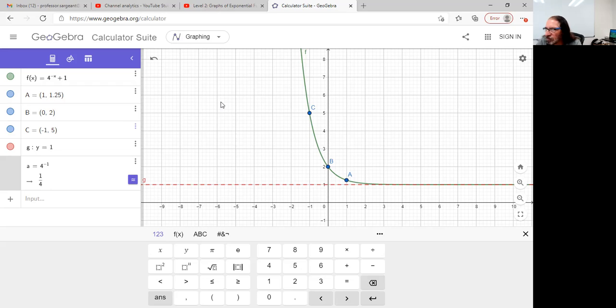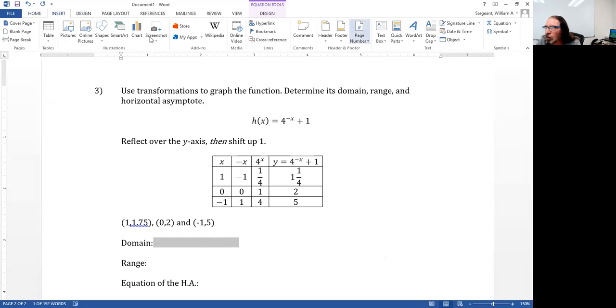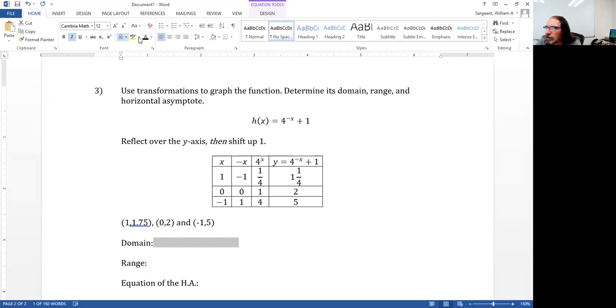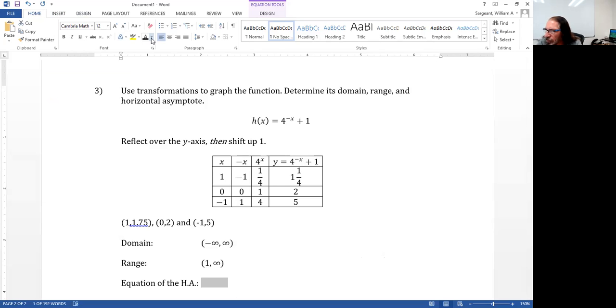Instead of starting at 0 but not including it and then going up to infinity, this is going to instead leave out y equals 1, and then for the range, give us everything above it. Leave out 1 because we've got the horizontal asymptote y equals 1, and then the range, anything above 1 on up to infinity.